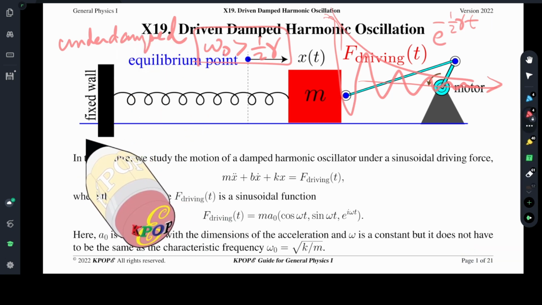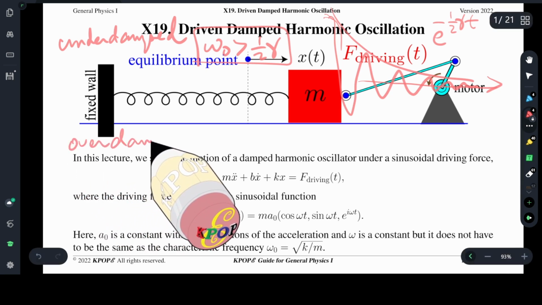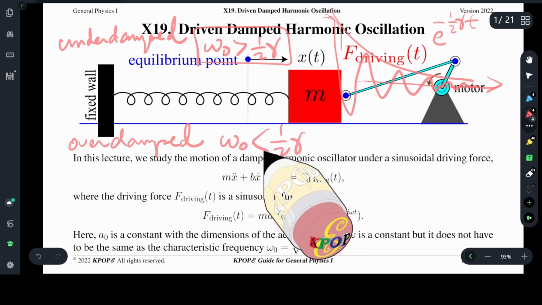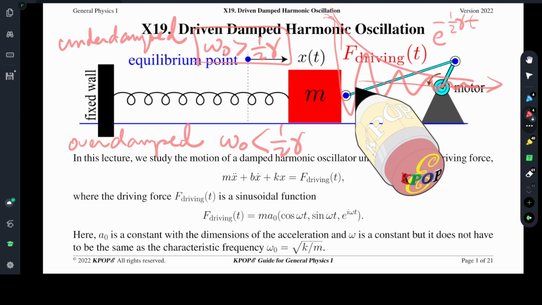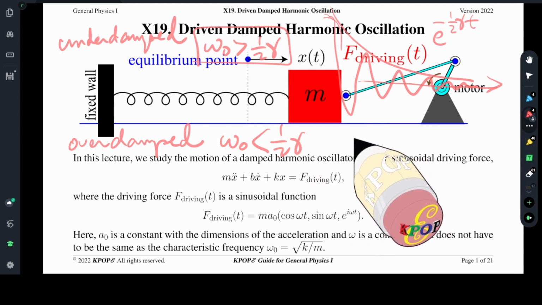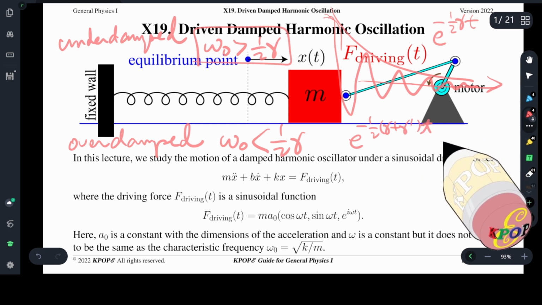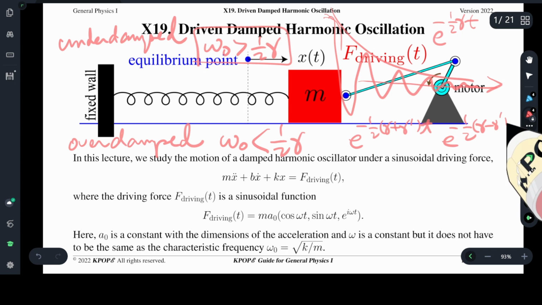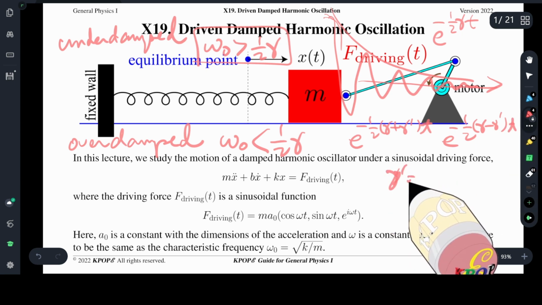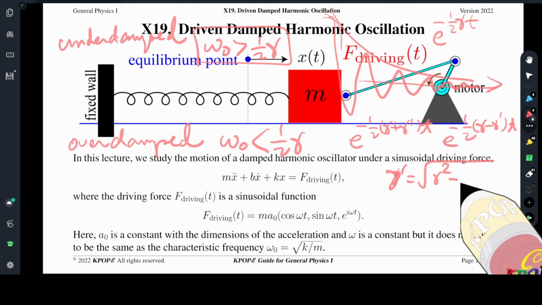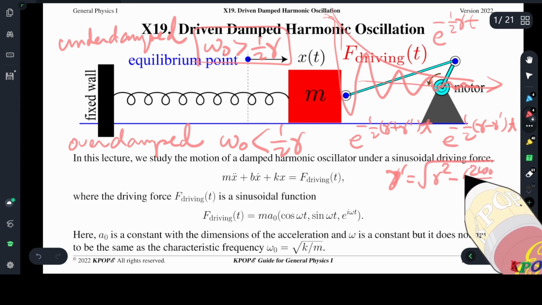The other extreme case is the overdamped case. That is, for 1/2 gamma greater than the characteristic frequency omega 0. In that case, there is no way of oscillation. Instead, the answer is a linear combination of two exponentials. One is e to the minus 1/2 gamma plus gamma prime t, and the other is e to the minus 1/2 gamma minus gamma prime t, where gamma prime is the square root of gamma squared minus 4 omega 0 squared.